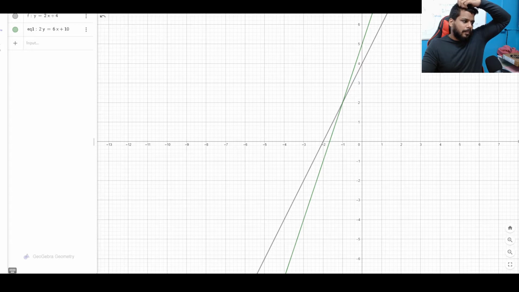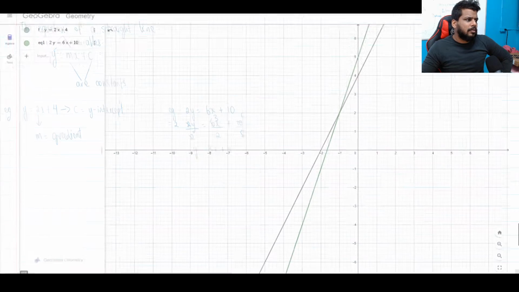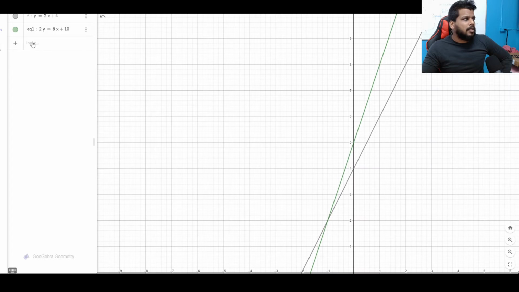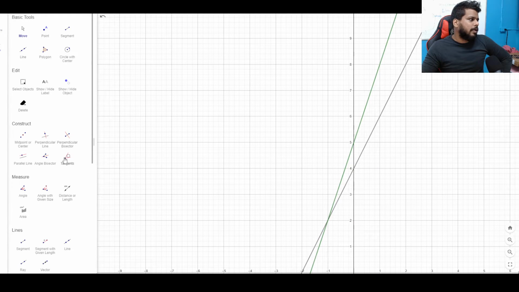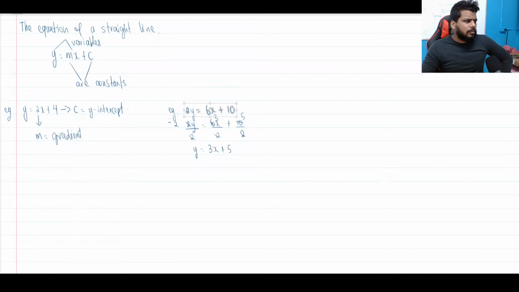Now, I'm going back here. If I work with the first equation and I fall under the false illusion that 6 is the gradient and 10 is the y-intercept, that's not the case, because I can calculate the gradient here. The gradient of the green line is 3. But again, the false illusion tells me the gradient is 6, because I do not have y as mx plus c.